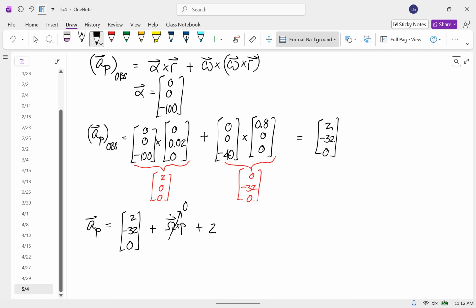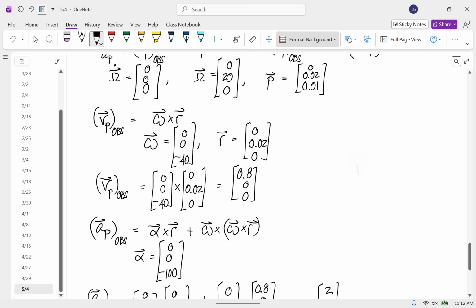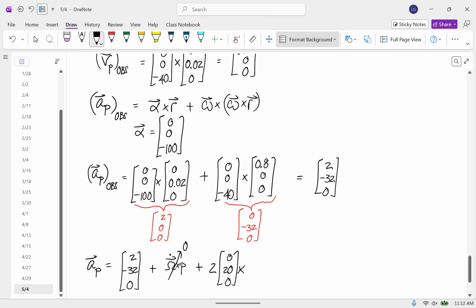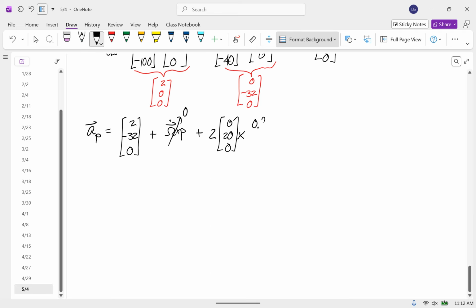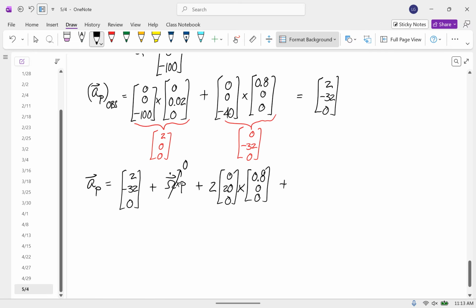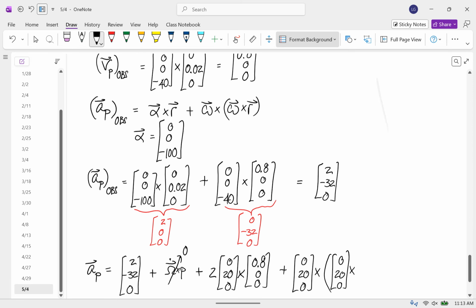Then we have 2 times capital omega, which is 0, 0, 20, crossed with the observed velocity, which is 0.8, 0, 0, plus capital omega, 0, 0, 20, crossed with the quantity 0, 0, 20 cross p, and p is 0, 0.02, 0.01.